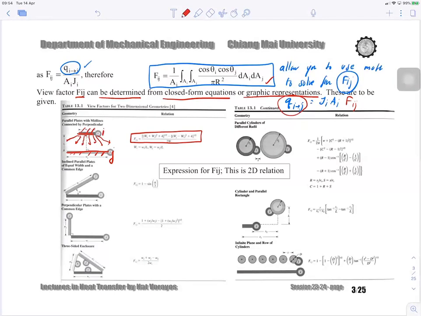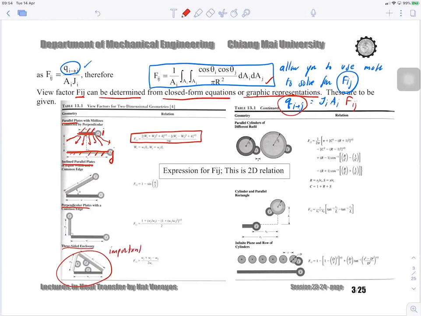So it has the parallel plate case. It has the inclined parallel plate case. We have the perpendicular plate. We have the three-side enclosure, which I think is important.